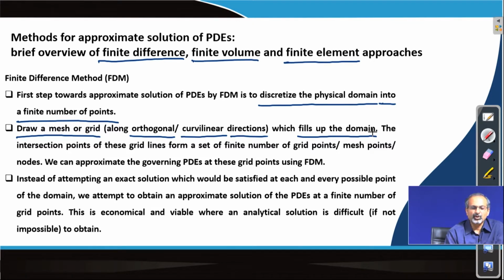This filling of the domain at this point, we are meaning it to be a spatial activity. So, we have a certain region in space which we are trying to fill up, and therefore, we are using some kind of mesh points to discretize it. However, this concept also applies when we are trying to discretize time.